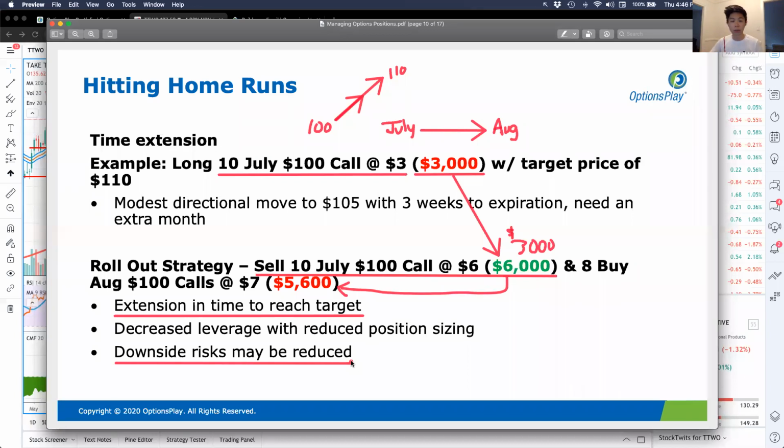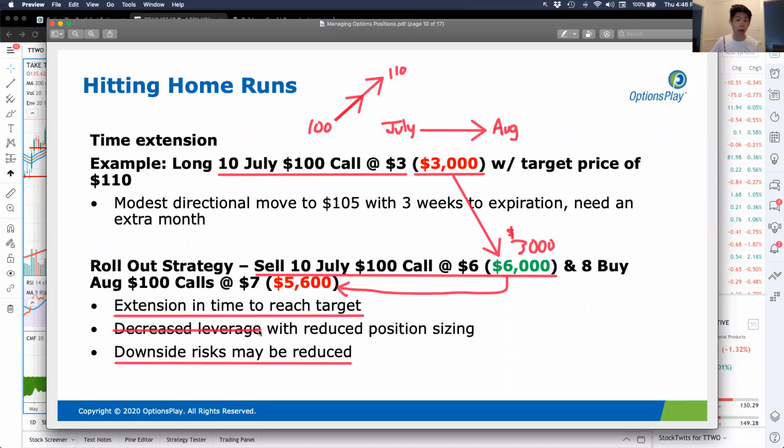And this is just, again, giving you an example, because instead of buying 8 contracts of the August 100 calls, because the stock's at 105, maybe I can buy 10 contracts of the August 105 calls. So I can make sure that I don't decrease my leverage by buying a higher call option.